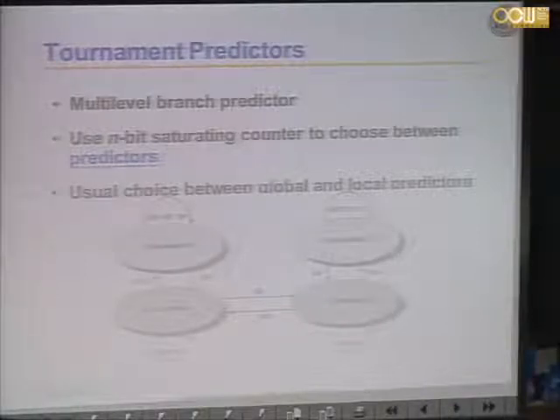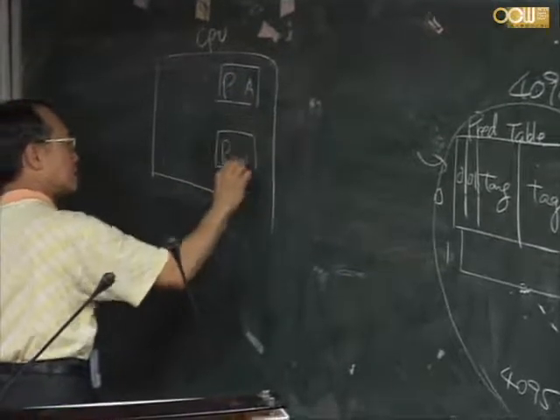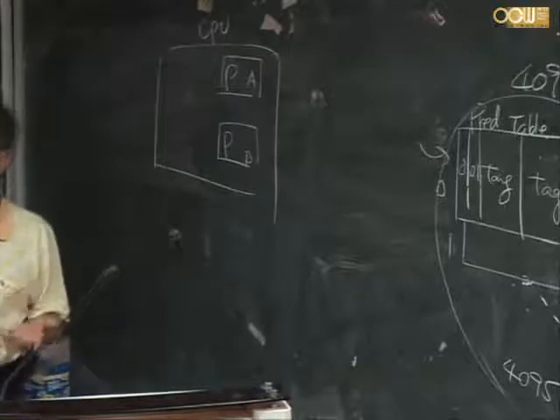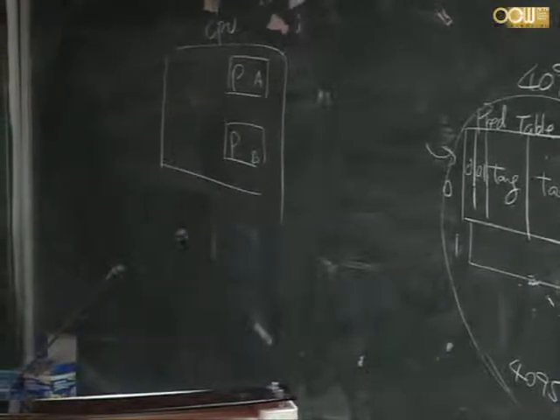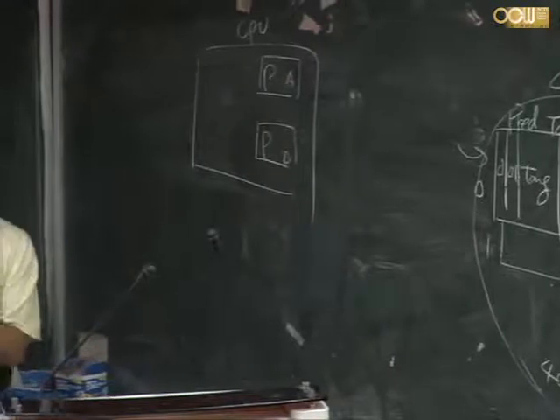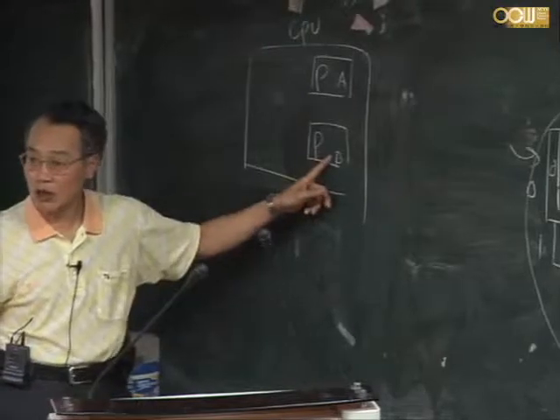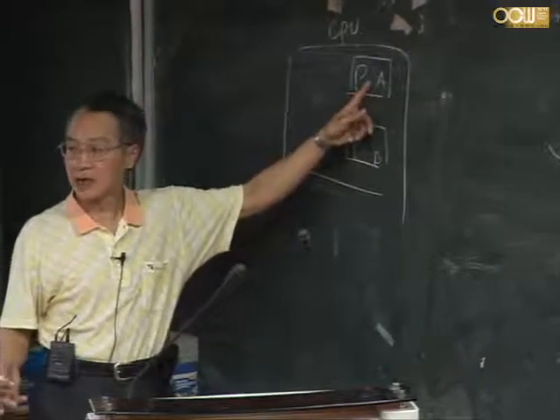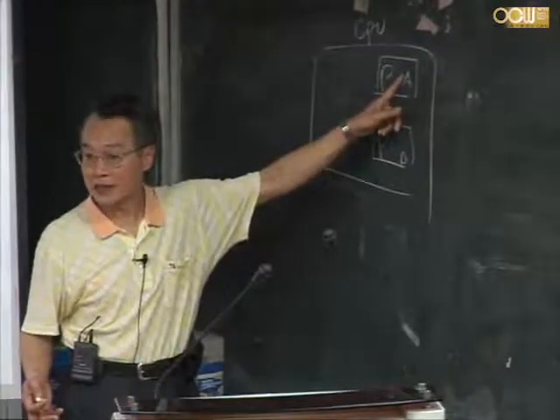I have 1 predictor, the other predictor, and every time I encounter a branch, I ask both to predict. And when the result comes out, then maybe one is right, but the other is wrong. Or maybe last time this is the winner. So this time, although both are right, I still think this is a better one.